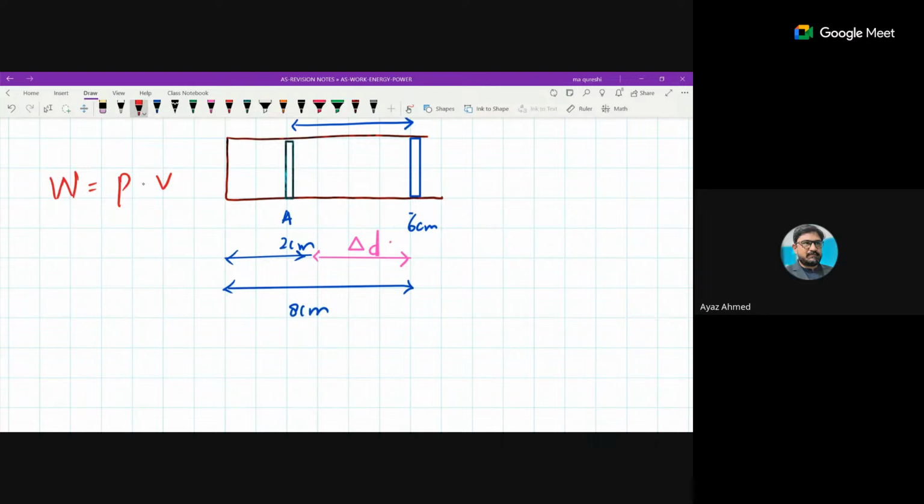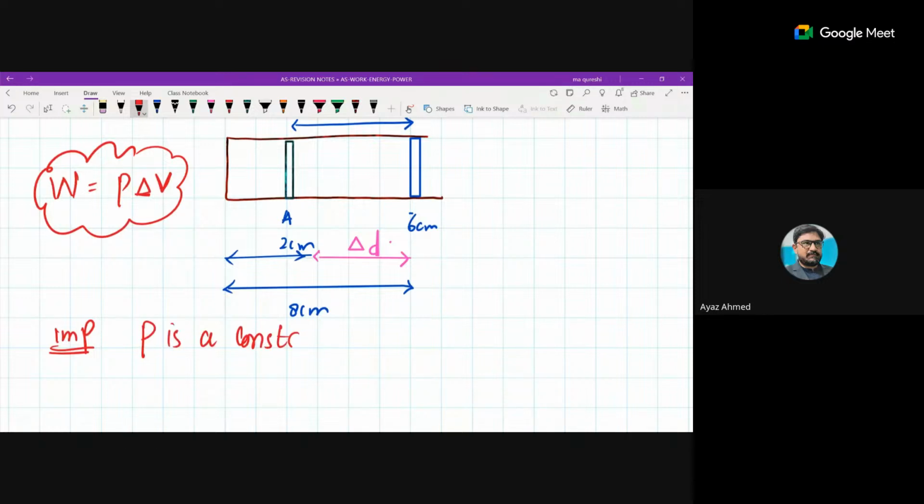This equation is used to calculate the work done by the gas. And the important thing for this topic is that P is a constant pressure. V changes due to force, so delta V is the change in volume.